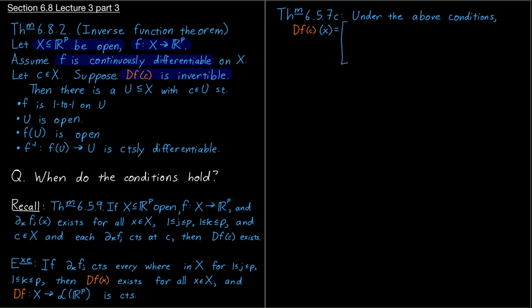So you start with partial 1 f1 of c. You go across to partial p f1 of c.